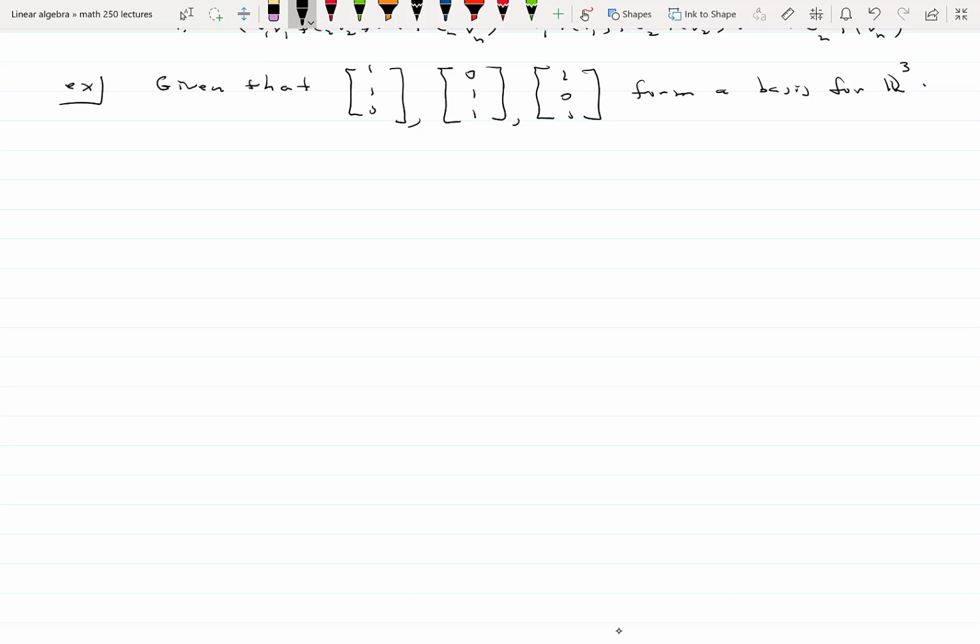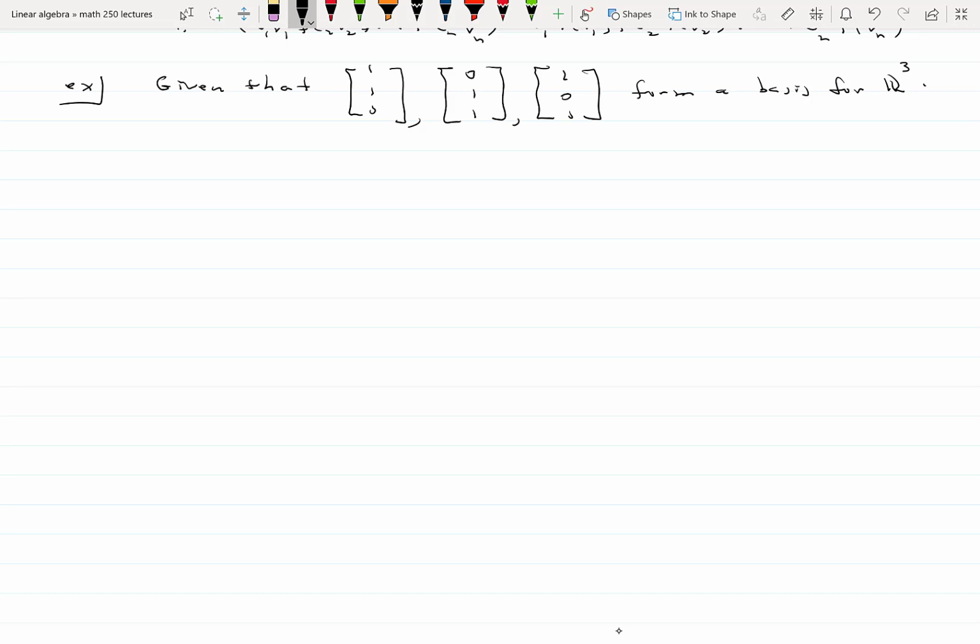So what is a basis? This set of three vectors forms a basis if every element in R3 can be written as a linear combination of these three vectors. That's one part. What's the second part of a basis? That the three vectors are linearly independent. A basis for a vector space is a set of vectors that both span the vector space and are linearly independent.